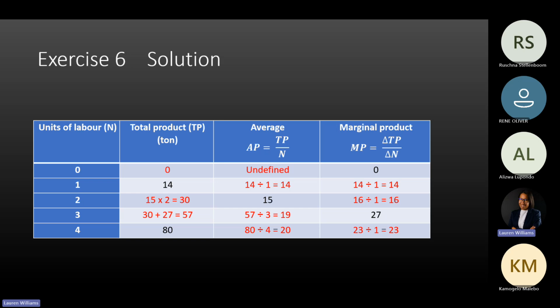So we're literally going to manipulate the formulas here. For your marginal product, if our total product is 30 and our previous total product is 14, we know this is 16, because it will be 30 less 14. So you can manipulate the situation back and forth.